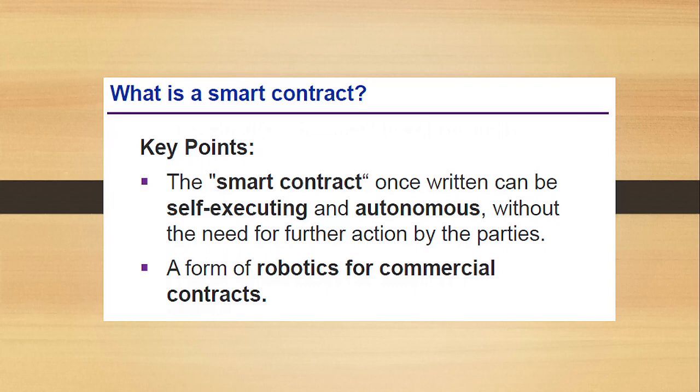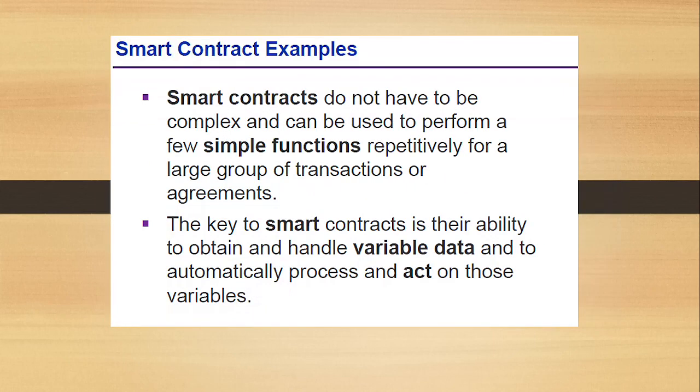We normally have an application that we can use to implement the smart contract. We talked about the decentralized app normally used within Ethereum. We can relate this to robotics, some kind of commercial contracts: you program a robot to execute some services. That's how a particular smart contract works.